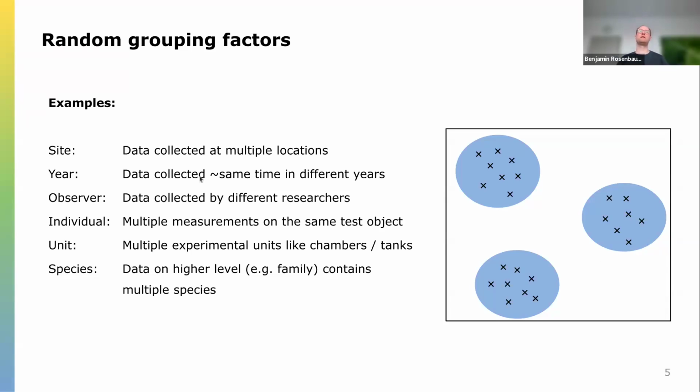All the data has been collected in different years. Same argument: in each year, the conditions are different, and you want to account for this. Or your data is a collection from different researchers. Every individual might have collected the data a bit differently.